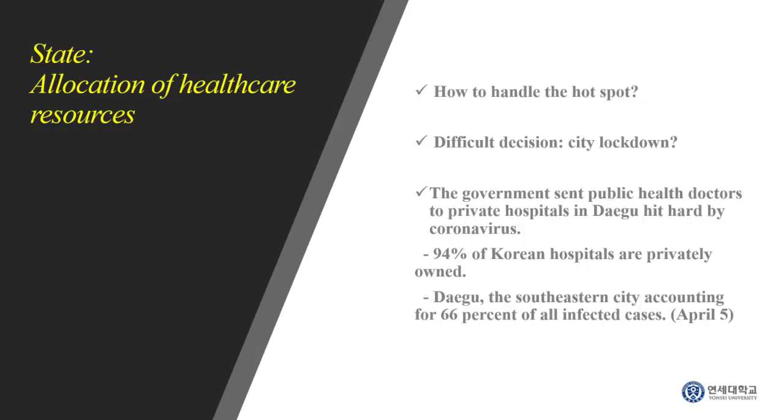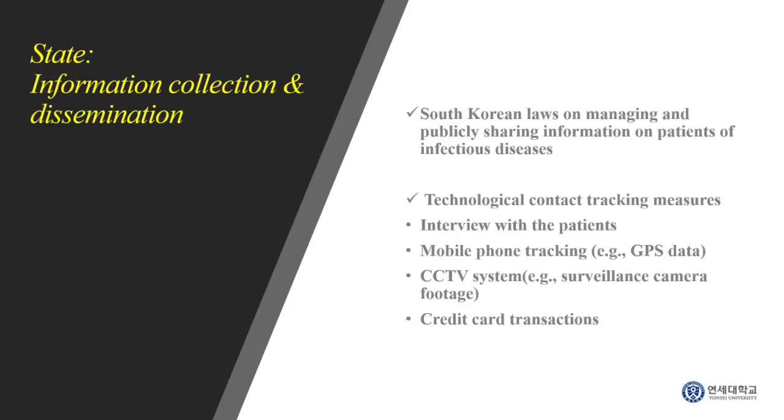Government sent public health doctors to the Daegu area, which was a hotspot. Information collection and dissemination is also important during the crisis. Several years ago, we loosened the laws on managing and publicly sharing information on patients of infectious diseases. Most Koreans had the consensus that public health safety takes priority over privacy.